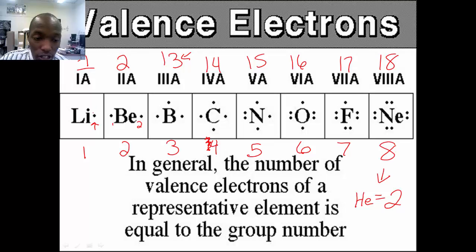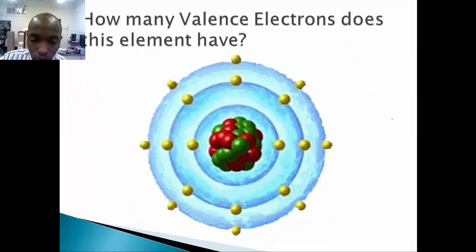So here are our valence electrons, 1 through 8, based off their group number. If we remember, we look at the second digit: 3, 4, 5, 6, 7, 8. How many valence electrons does this element have? Let's look at it.